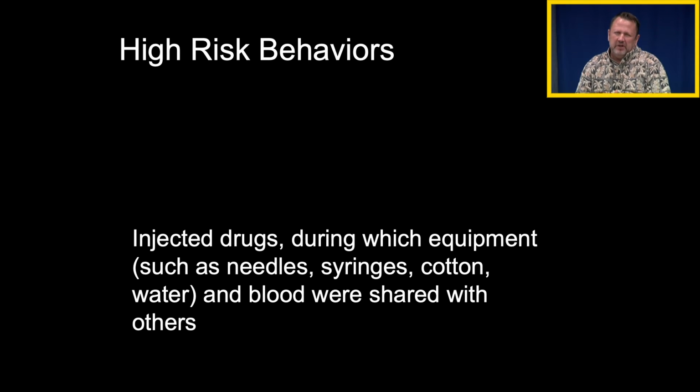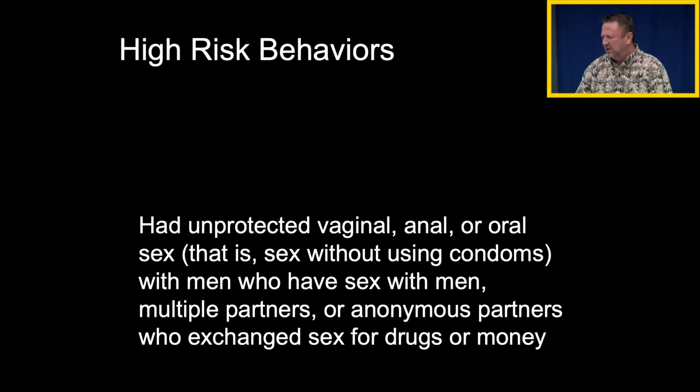So something you want to do as a clinician is be on the lookout for high-risk behaviors. You have to talk to people and listen to them and gain their trust to know if they use injected drugs, share needles, or any of that paraphernalia, because these are certainly high-risk behaviors for contracting HIV.